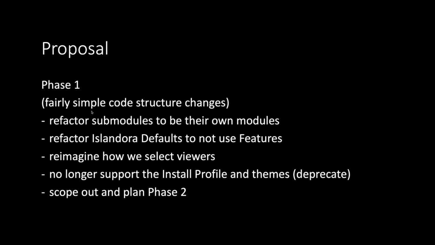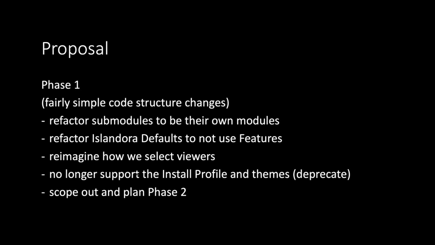Phase 1 includes refactoring submodules out to be their own modules, refactoring Islandora defaults to become just a starter site that you install, potentially reimagining how we select viewers, and this would just be a change within Islandora defaults.